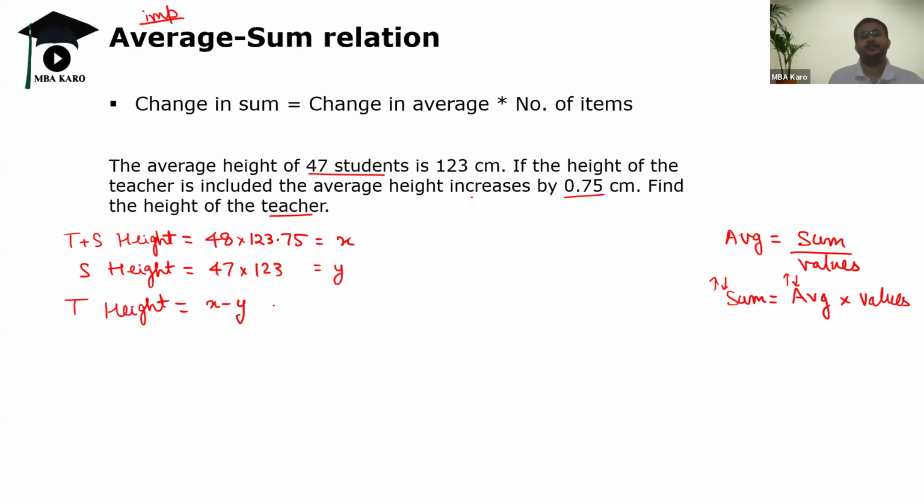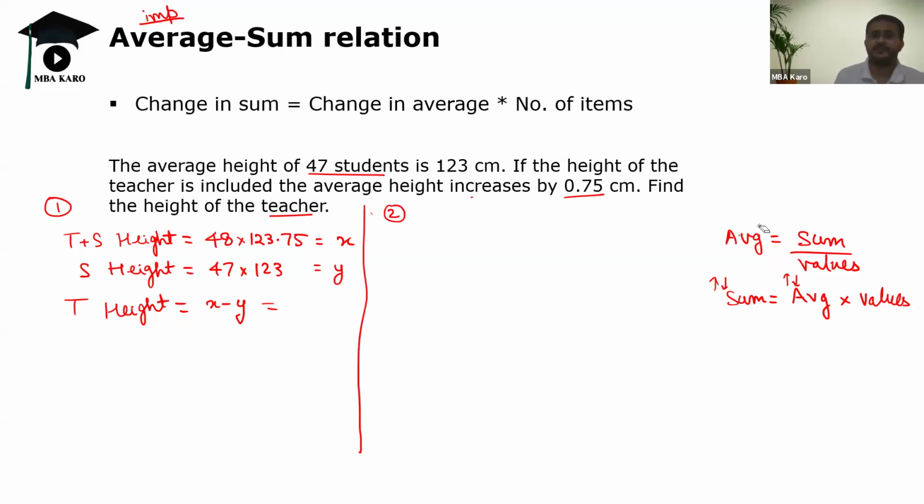So this is the first approach, that is the conventional approach. You will get the values, but it is quite calculation intensive. I do not know the table of 47, I do not know the table of 48. So of course it will be a tedious task to calculate, and this is how most people do it. Instead of that, we will be using the second method, that is the change in average method.